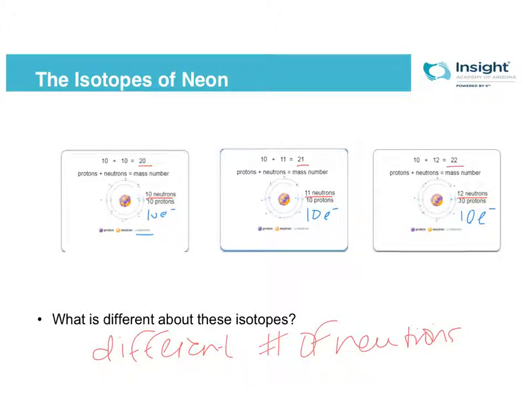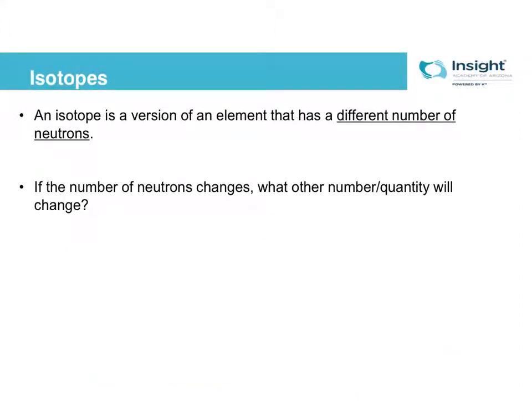All right, which in turn changes the mass. So an isotope is going to be something that has a different number of neutrons. All right, so that's your just basic definition of an isotope.